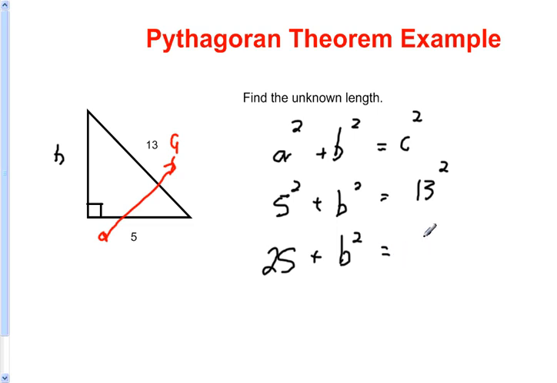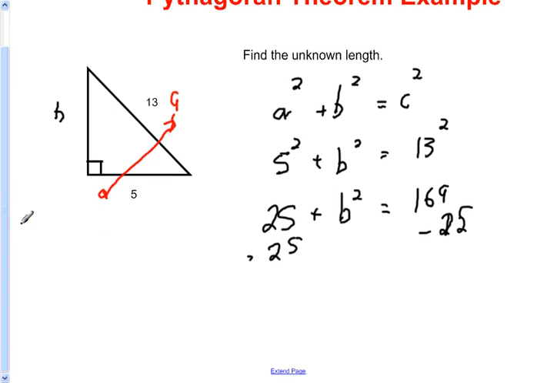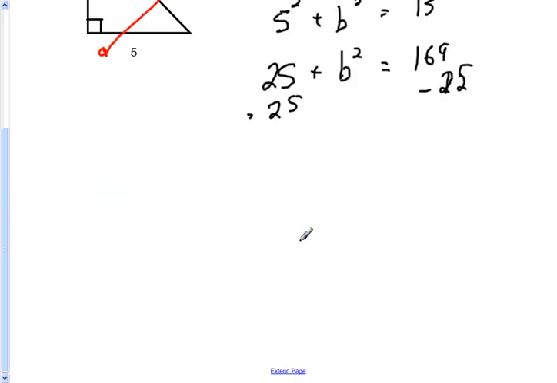And 13 squared is 169. Now what we have to do is we have to solve for B squared. If we want to get the 25 to the other side, we need to minus 25 from both sides. Oh, let's make that the right number, 25. And we're going to get B squared is equal to 169 minus 25, which is 144.